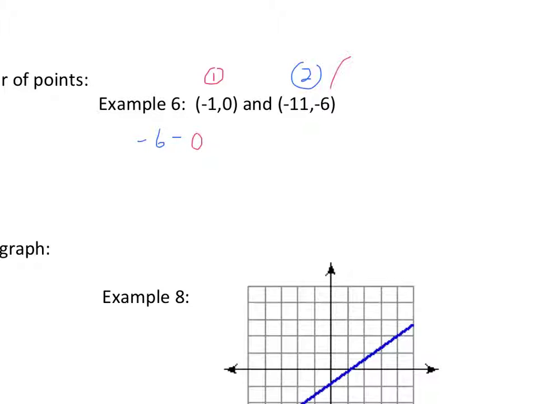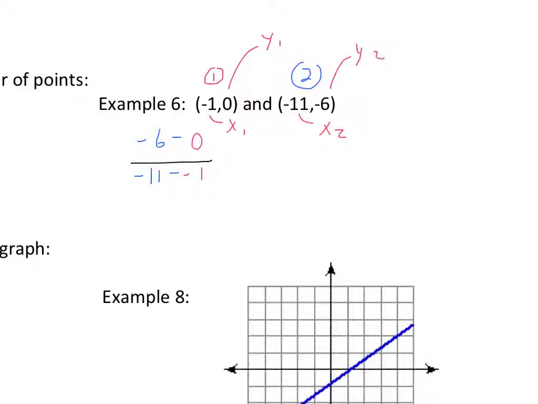So here is y2, here is y1, over, now we go x2, which is negative 11, minus x1, which is negative 1. So here is x2 and here is x1.